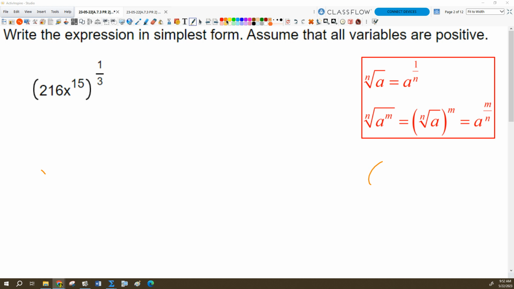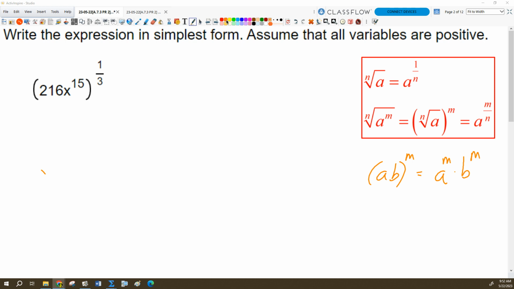What's this property if I have a product of stuff taken to a power? How can I rewrite that? Okay, good. Yeah, I could write that as a to the m times b to the m. What do we do? Well, when we've got a product, so stuff is being multiplied inside, I can distribute the exponent to each factor in that product, right?